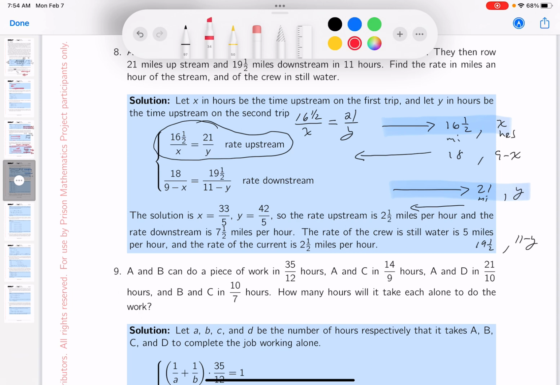I'm also going to claim that the rates downstream must also match. Let's write it down. What's it going to be? Distance divided by time. So you can get 18 over 9 minus X equals 19 and a half over 11 minus Y. All right, I'm going to circle that for you.